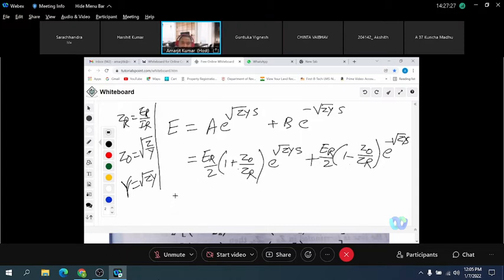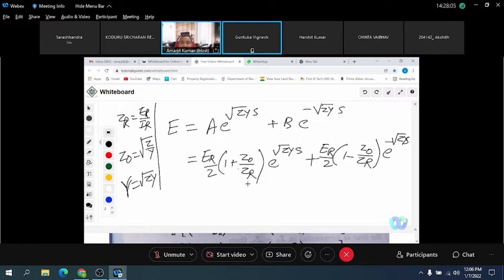In terms of hyperbolic function, you can write ER by 2 into e to the power root ZY S plus e to the power minus root ZY S. That will be equal to e to the power gamma S plus e to the power minus gamma S by 2, that will be equal to cosh gamma S.